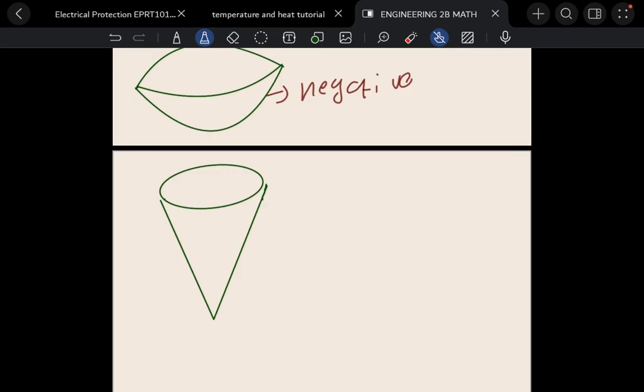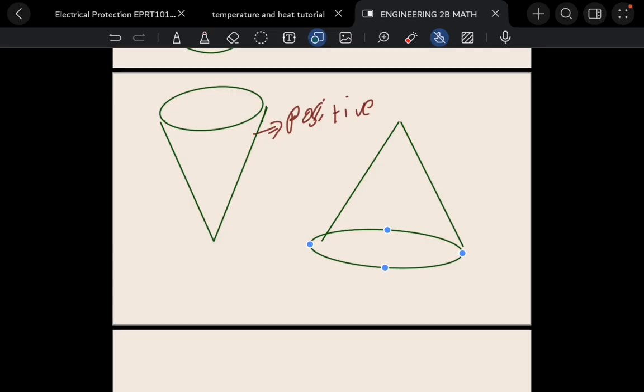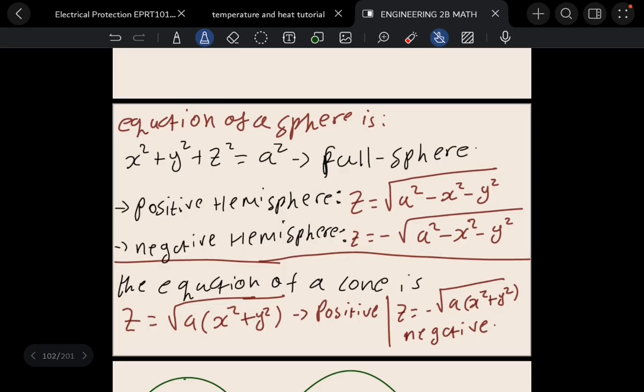Now this one here is the positive cone, and that one here is the negative cone. Just know the difference between them. So now you know the pictures, right?